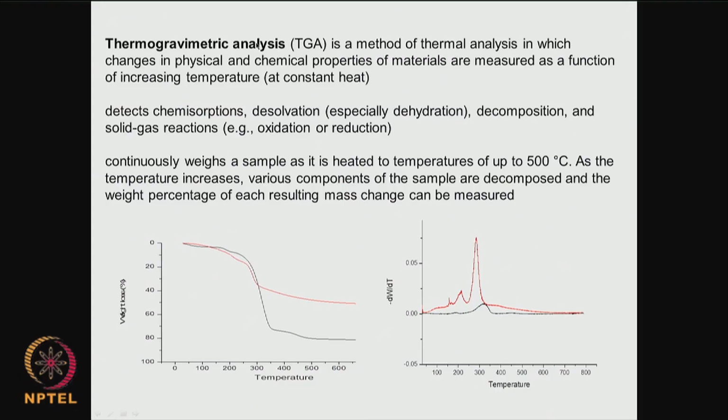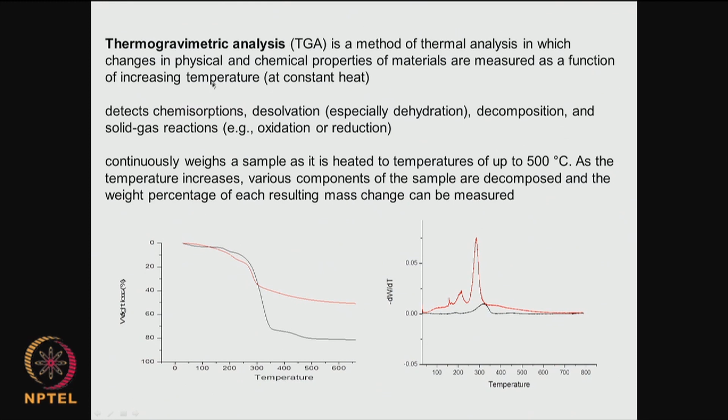Now, let us look at another technique, called TGA, thermogravimetric analysis. It is a method of thermal analysis in which changes in physical and chemical properties of materials are measured as a function of temperature. Look at this picture. We increase the temperature and then we monitor the weight loss.